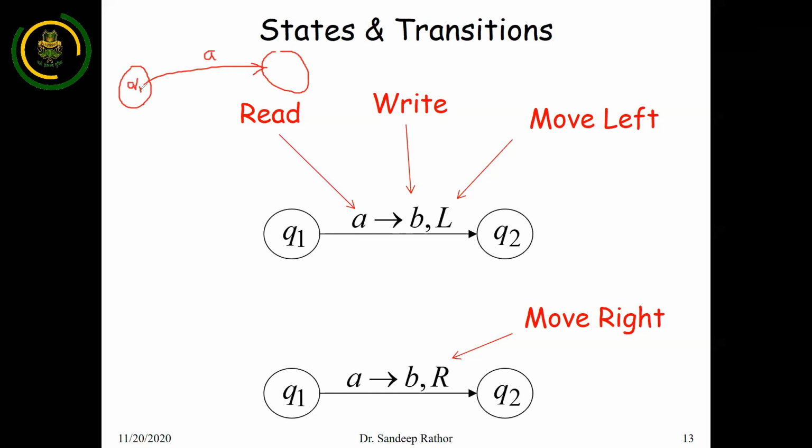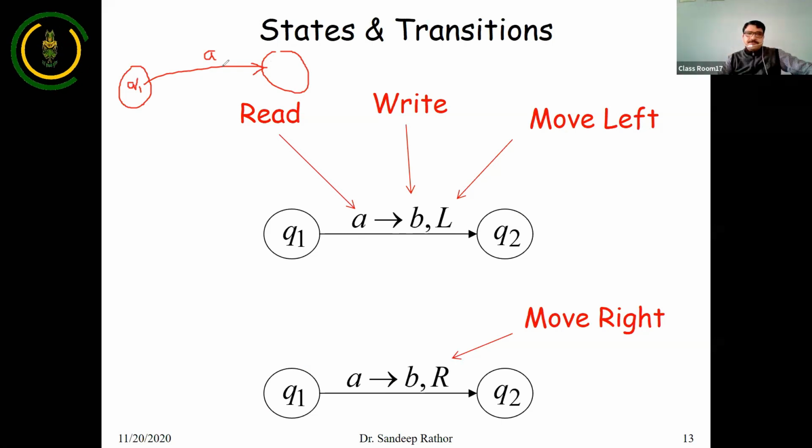You are in state Q1 and you are moving to next state Q2. That means you are in state Q1. After reading A symbol, you are moving to state Q2. So this is the simple way to represent a transition diagram in case of deterministic finite automata.